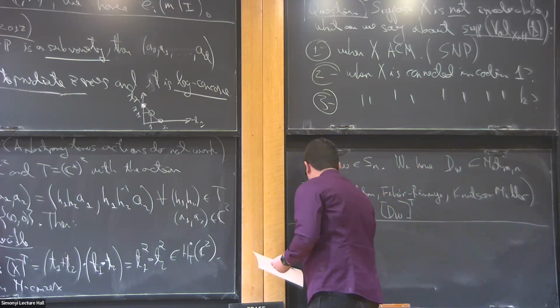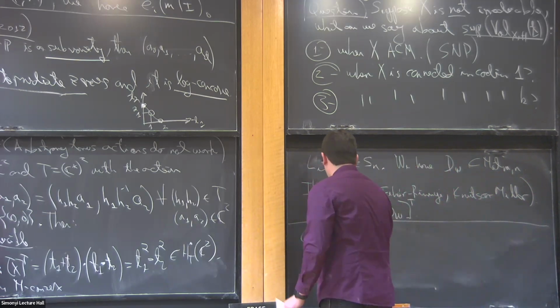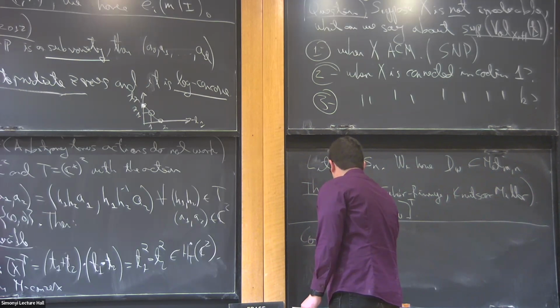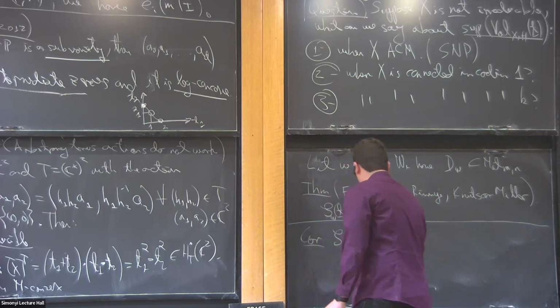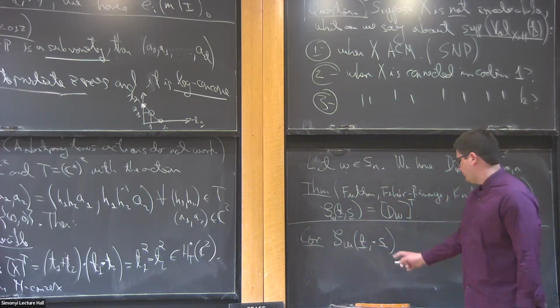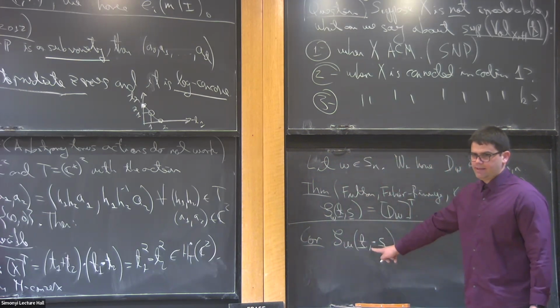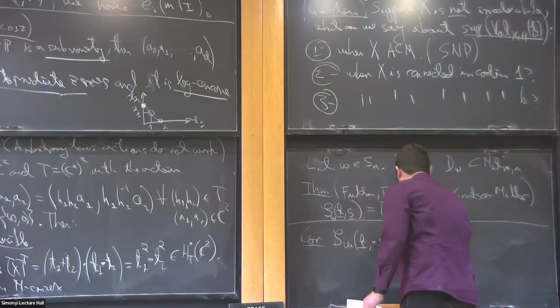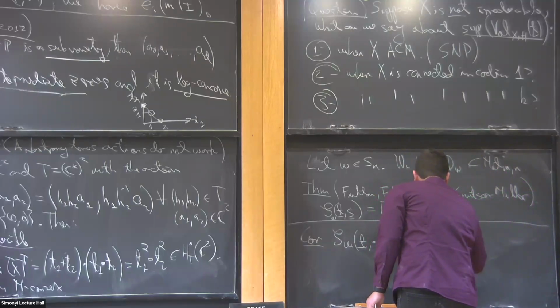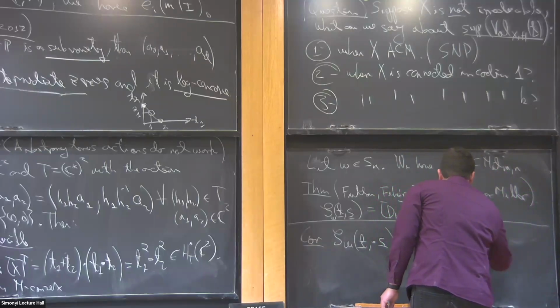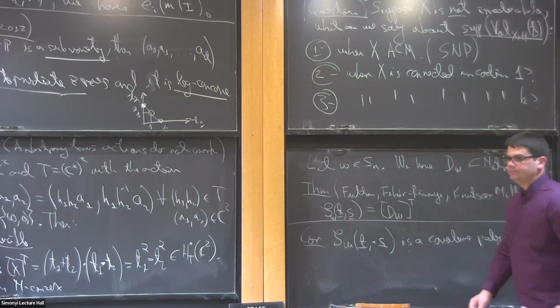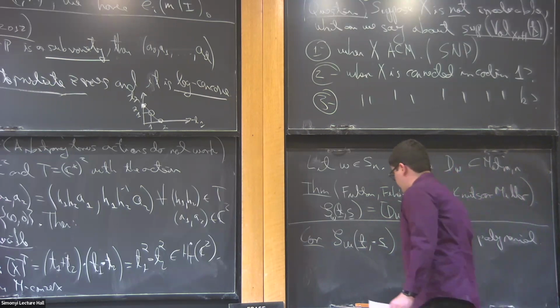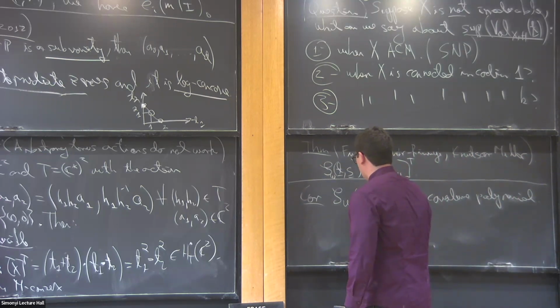So then a corollary will be that if you take the double Schubert polynomial and you change the sign of the variables, this is a covolume polynomial.